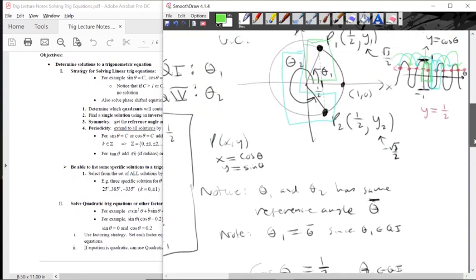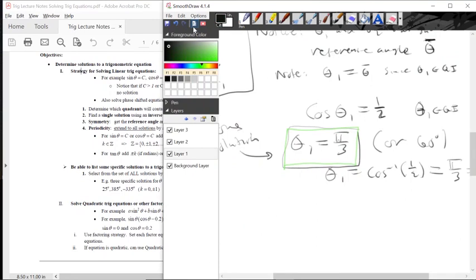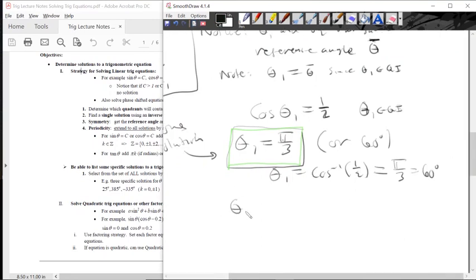Now how do we find theta 2? Well, theta 2 is an element of quadrant 4. And in fact, theta 2 is between 0 and 2 pi, so theta 2 has to be between 3 pi over 2 and 2 pi.